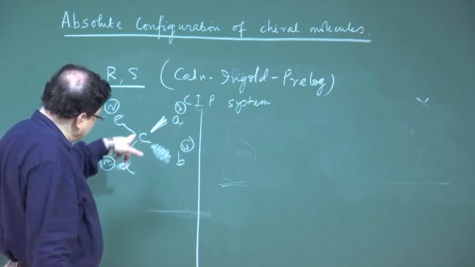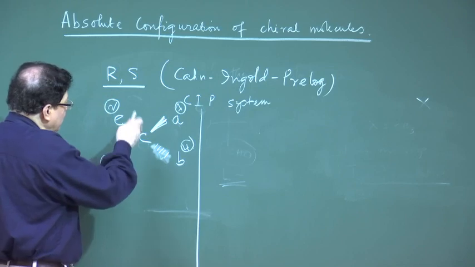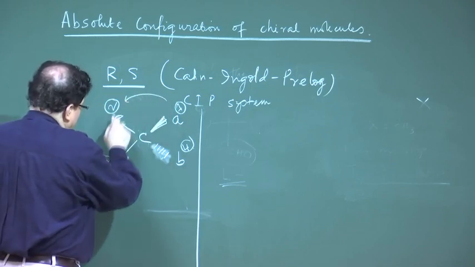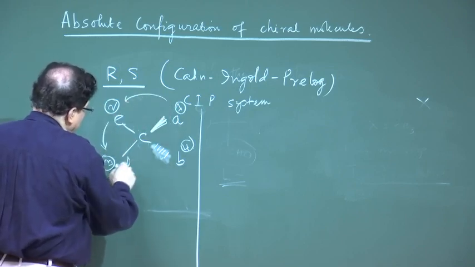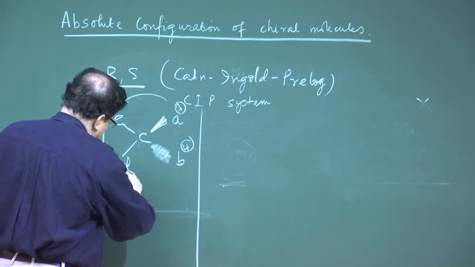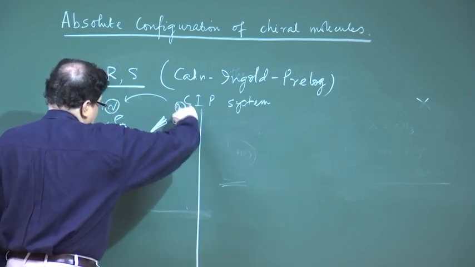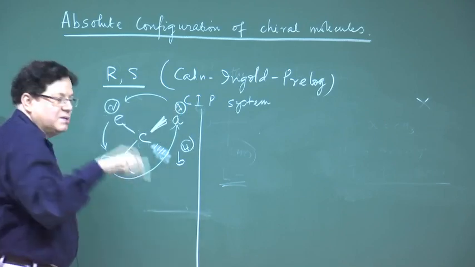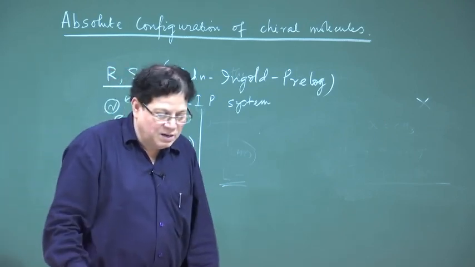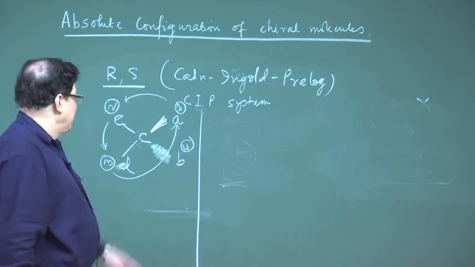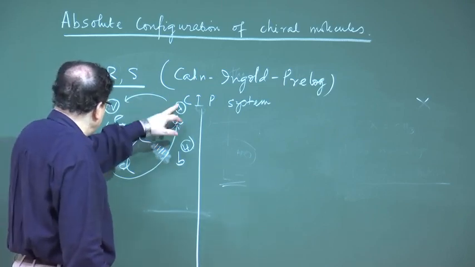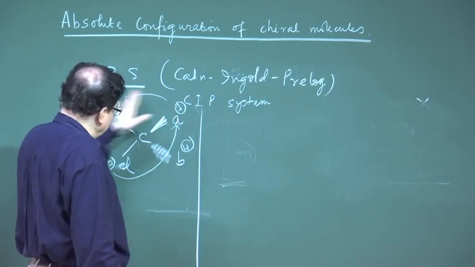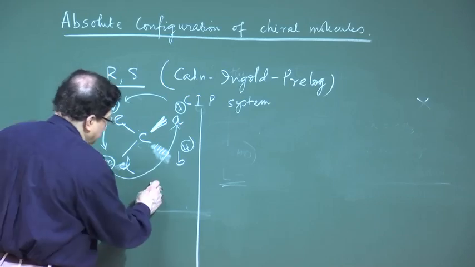So, I am looking at the carbon away from the 4th group, and then you see what the sequence order is. If you go from 1 to 2 to 3, what is the direction? Is it clockwise or anti-clockwise? So, in this case you can see that E, 1, 2 and 3 are arranged in an anti-clockwise direction. Okay.